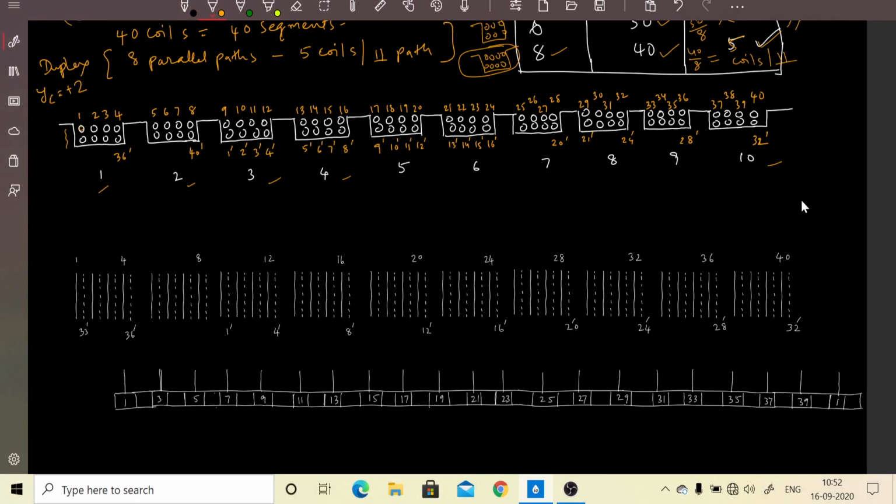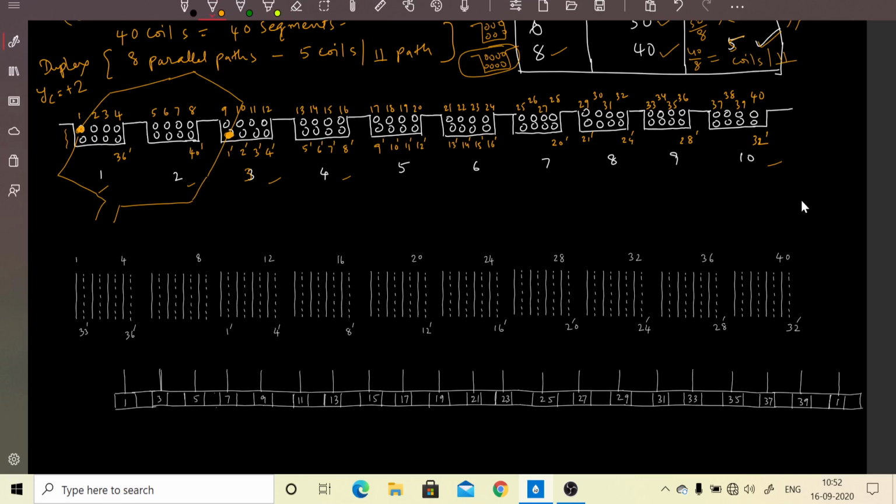Then the first coil side here will have its other coil side at the bottom of the third slot. This is the bottom, so it will be like this.